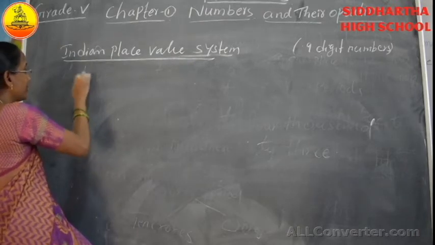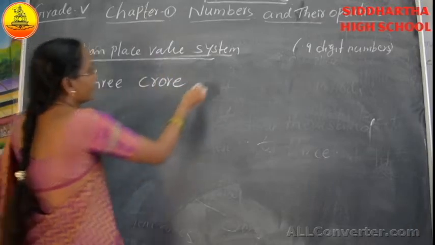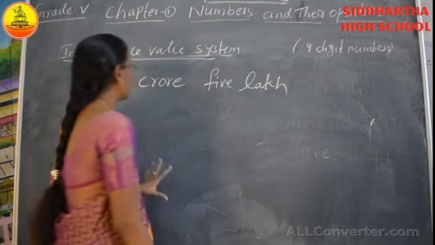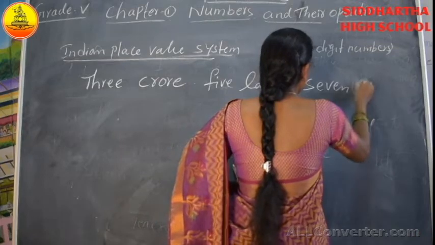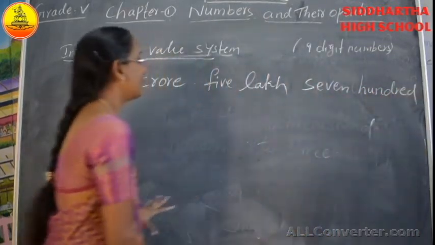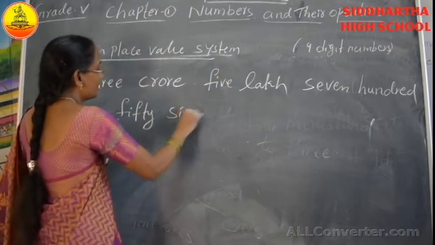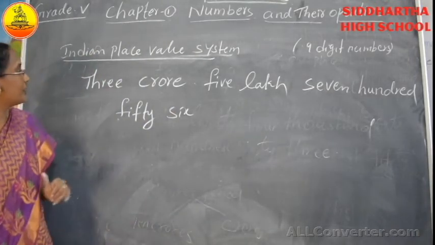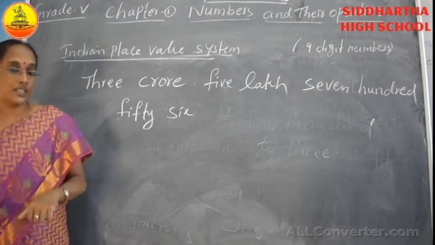See here: 3 crore 5 lakh 756. What is this? This is a number name. When the number name is given, how do you write the number in the Indian place value system?